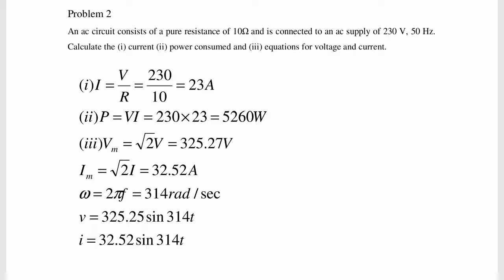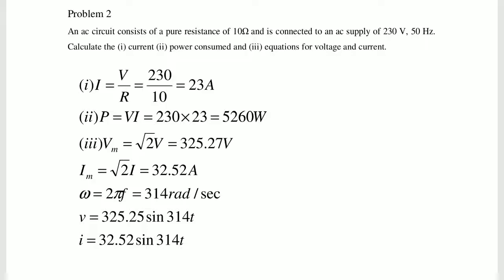Now, the first one, current. Here 230 volts is the RMS voltage, and the pure resistance R is equal to 10 ohms.